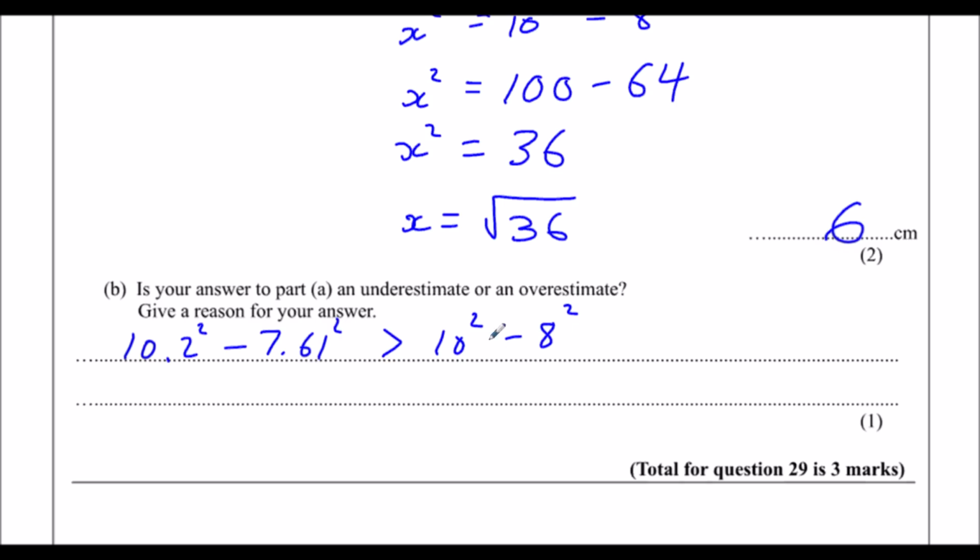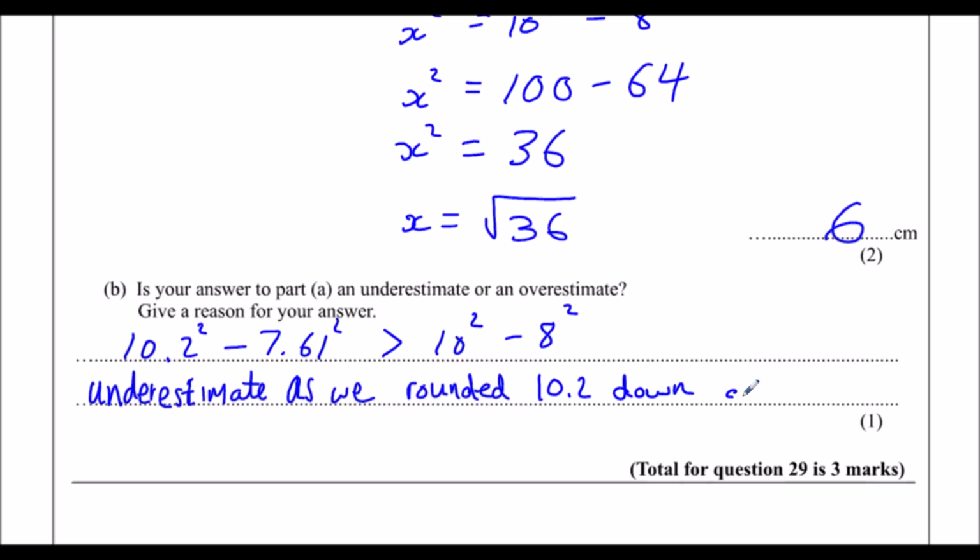So our answer is an underestimate as we rounded 10.2 down and 7.6 up. So the actual answer will be bigger than the answer we got.